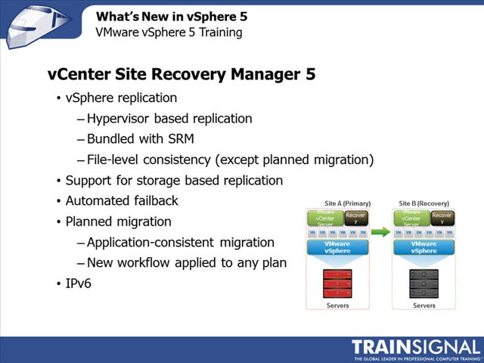When you fail over, you're declaring that the first site is gone. Now when you go to fail back, you want to know: can I leverage any data that's still there? So they've significantly enhanced the awareness of SRM 5. I also wanted to mention that it's IPv6 capable, just in case you were doing that.